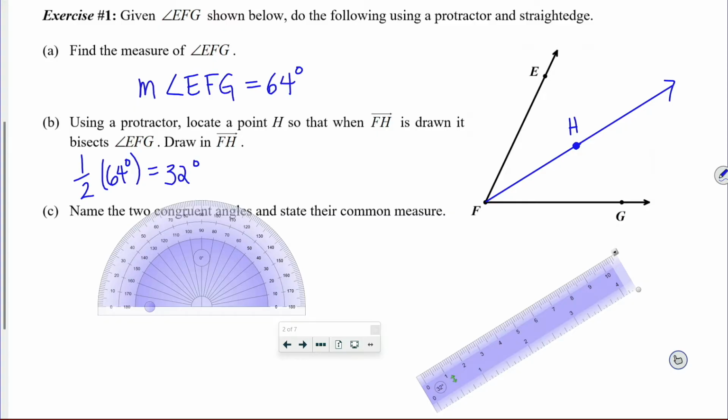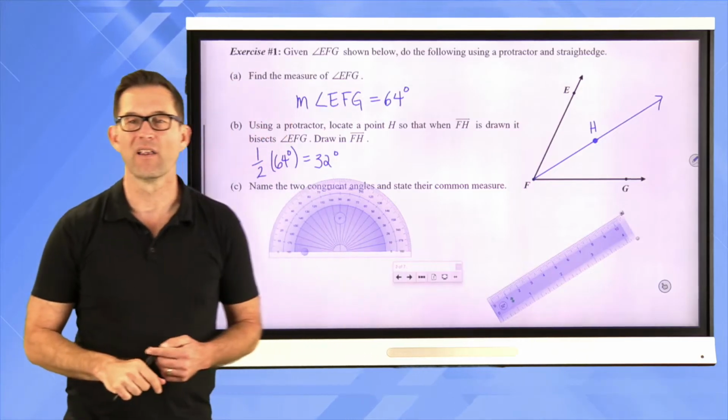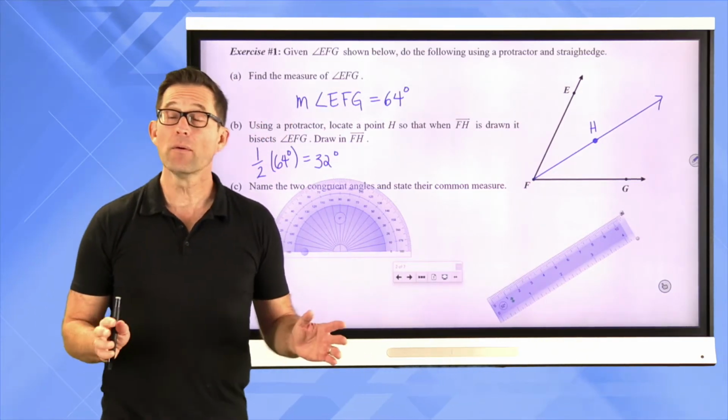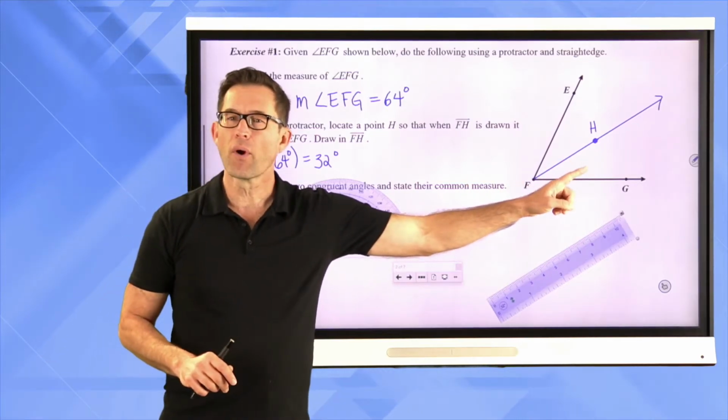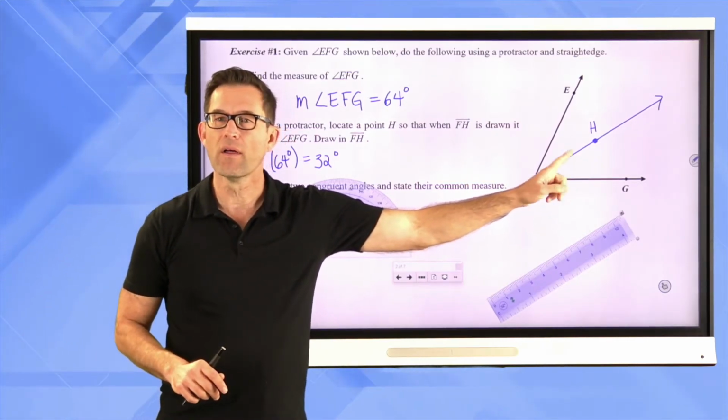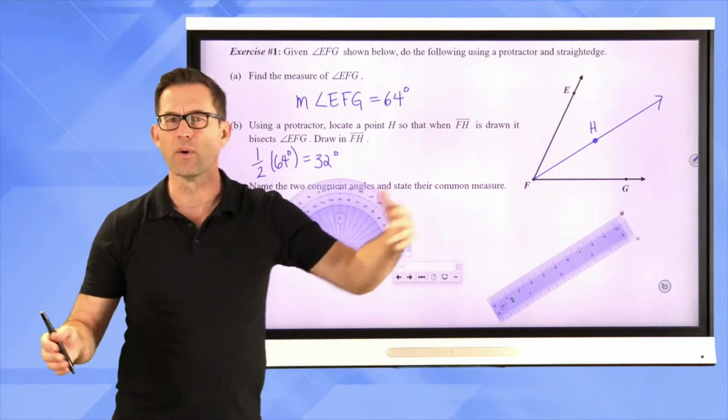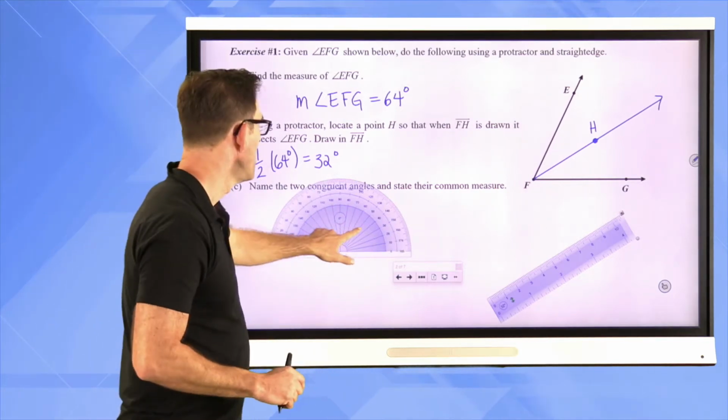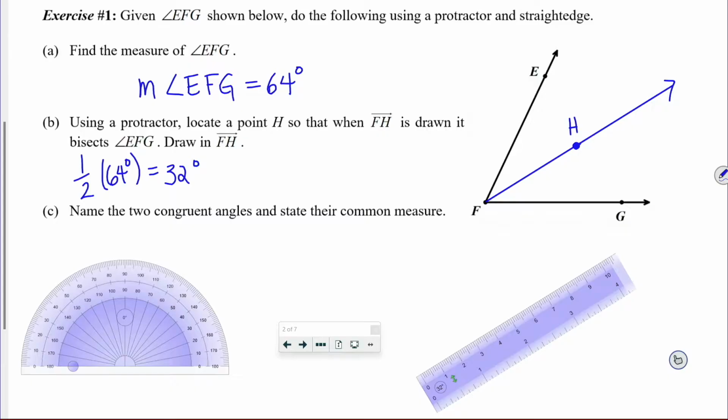I'll put it where I made that mark just to make the mark not look so bad. All right. And probably visually right away, you can tell that that angle and that angle are congruent, of equal measure.